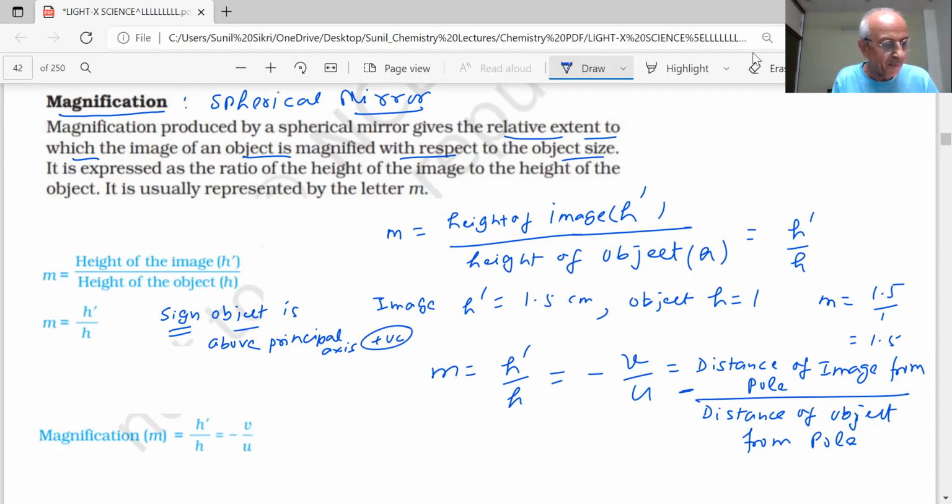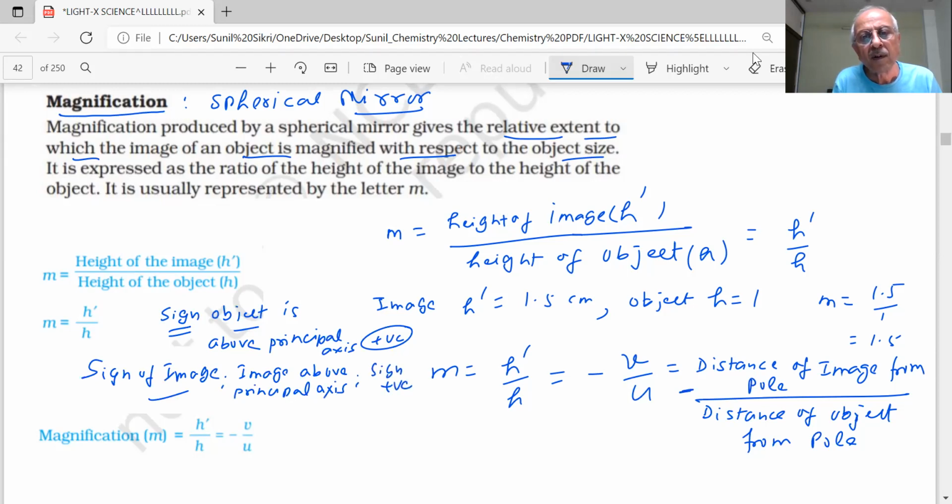And we are always putting the object above the principal axis. What about the image? Sign of image. Note it down. If the image is above the principal axis, student, what will be the sign?